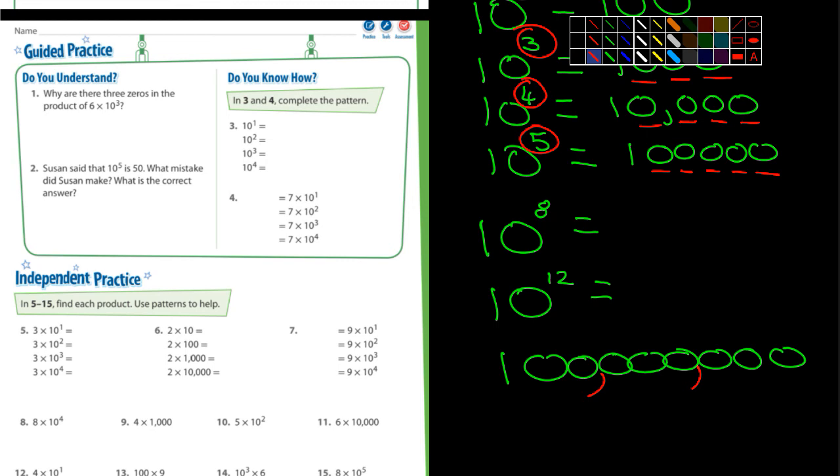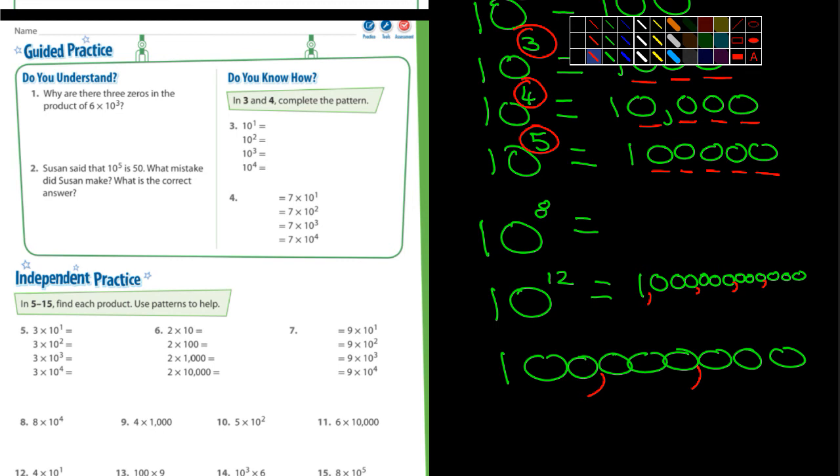So if I was to write, Mr. Oldham had this one, I'm going to put a 1, and I'm going to follow it with 12 zeros. 1, 2, 3, 4, 5, 6, 7, 8, 9, 10, 11, 12. I had to write my zeros kind of small there. You would just simply count, as Miss McGee said, every 3. 1, 2, 3, 1, 2, 3, 1, 2, 3, and then 1, 2, 3.